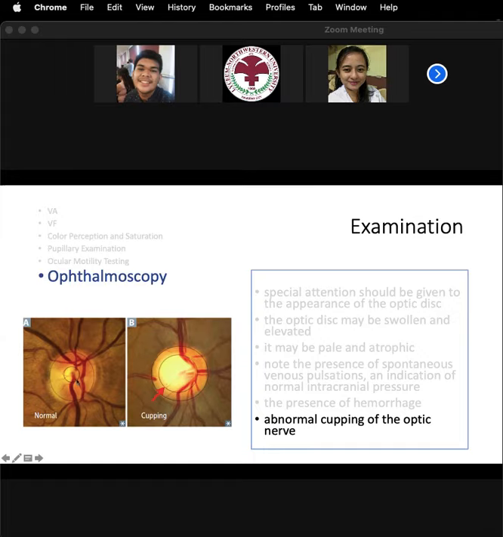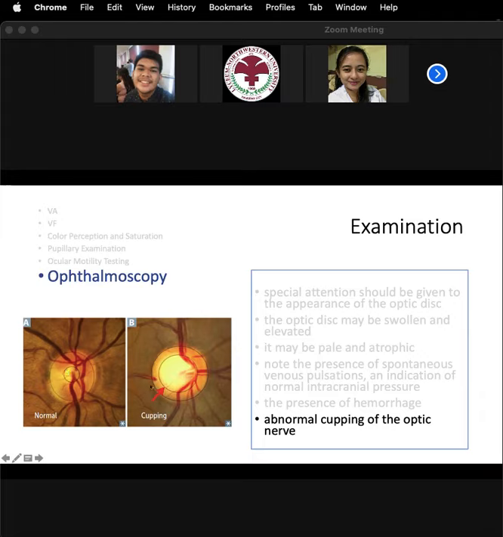You have a hole in the middle and then you have a thick neuroretinal rim. Cup should be around, if you divide this into 10 equal slices, 1, 2, 3, 10, it should occupy around 3 portions. So that's the normal size of the cup. Yan, I tell them, para siyang salvavida or parang donut.